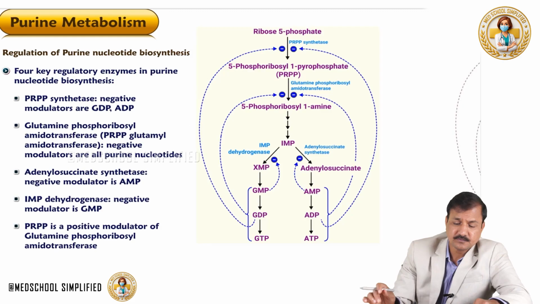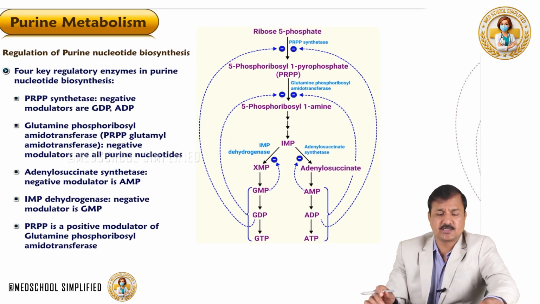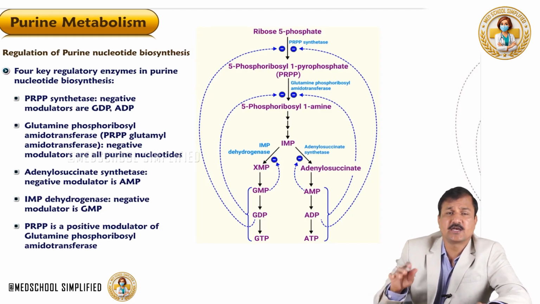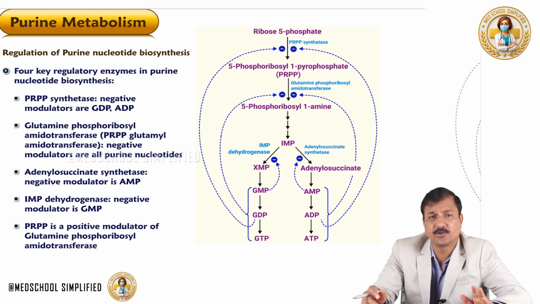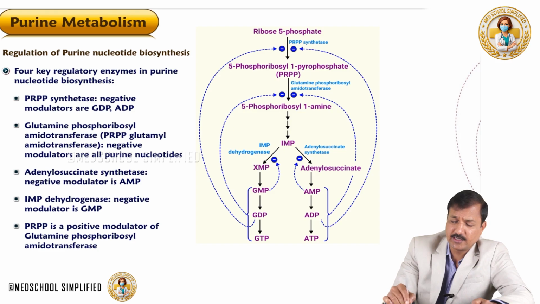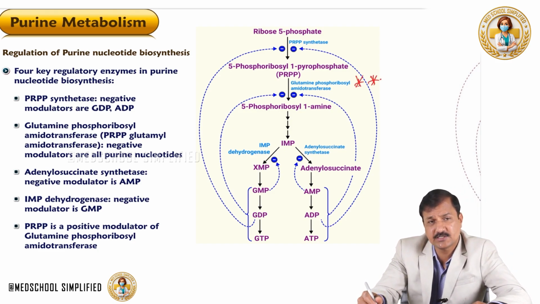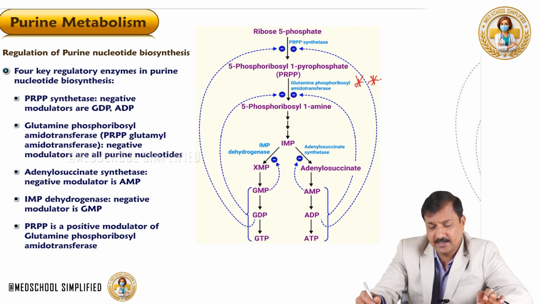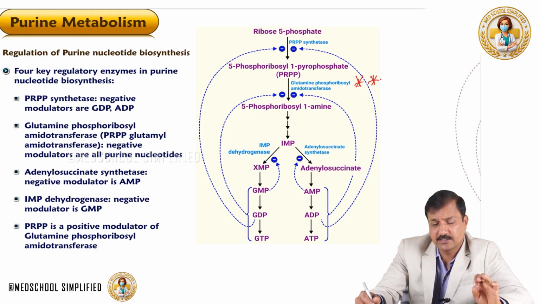Remember that. Coming to regulation of purine nucleotide biosynthesis, there are 4 regulatory enzymes, and one is the most important and most regulated enzyme, and also the rate determining enzyme, that is glutamine phosphoribosyl amidotransferase, also called PRPP glutamyl amidotransferase.